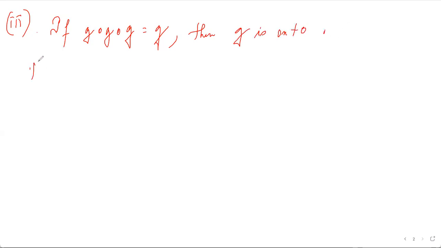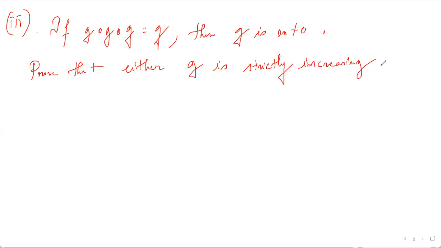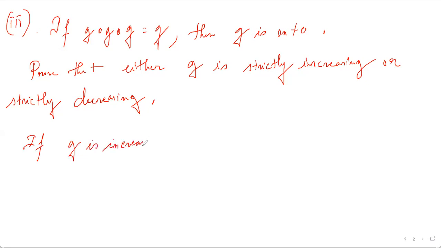Now prove that either g is strictly increasing or strictly decreasing. Further, we have to show that if g is increasing, then g is unique.